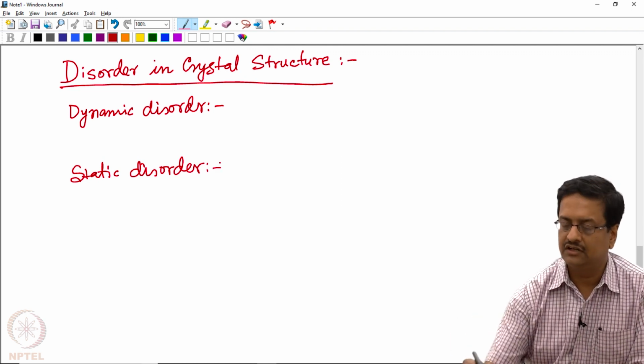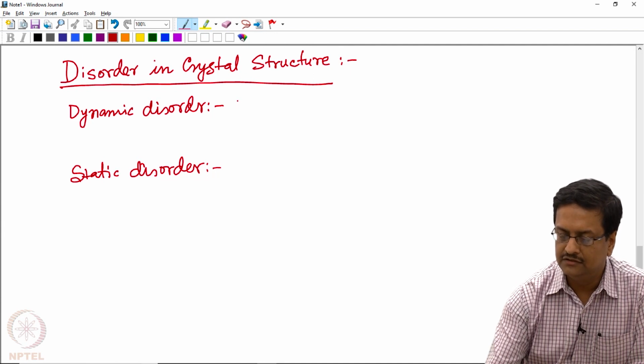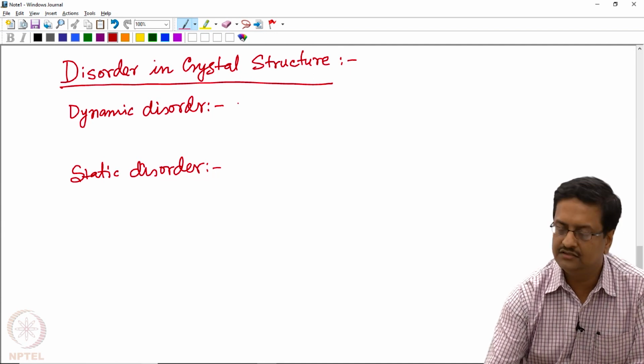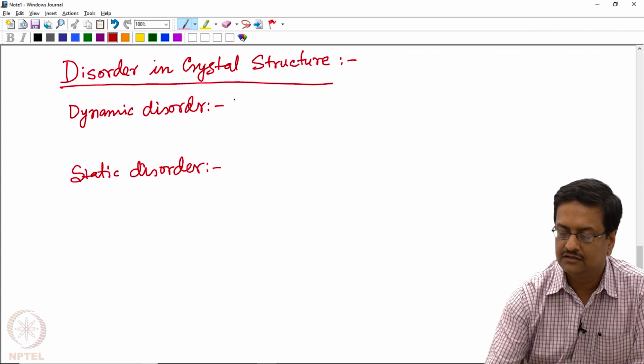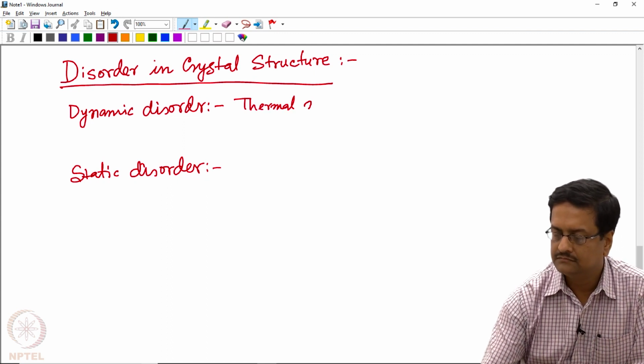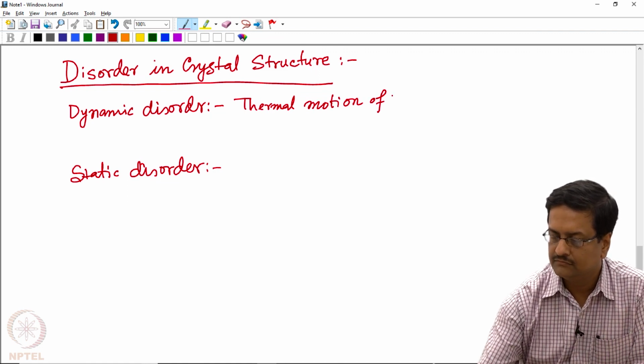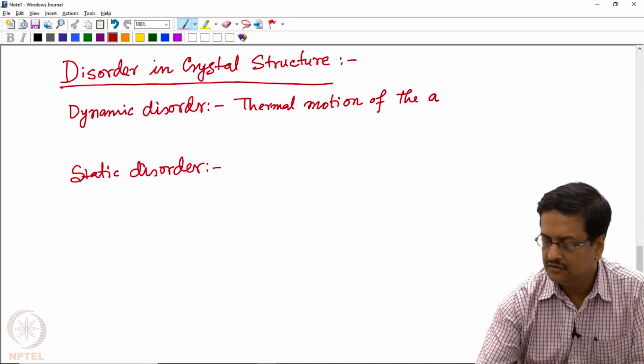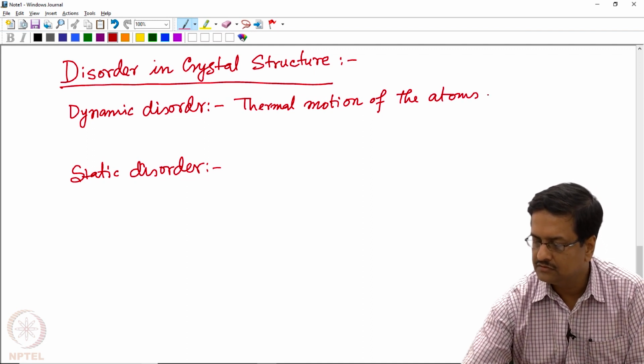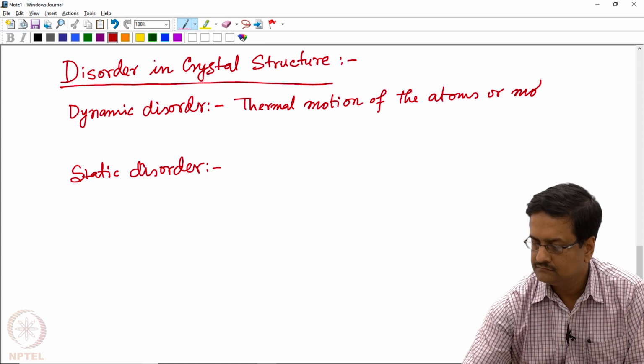In a dynamic disorder, the main reason for that is the thermal motion of the atoms or molecules.